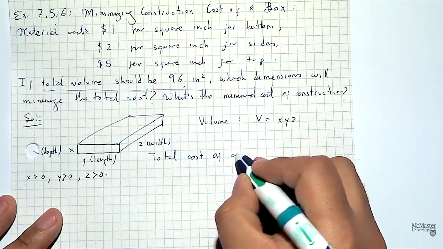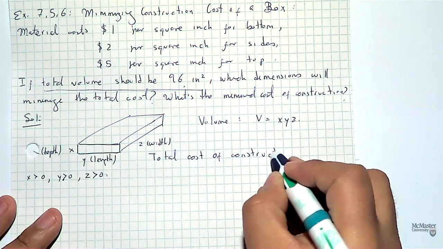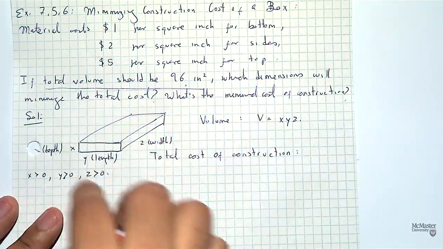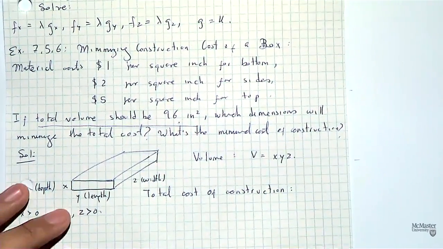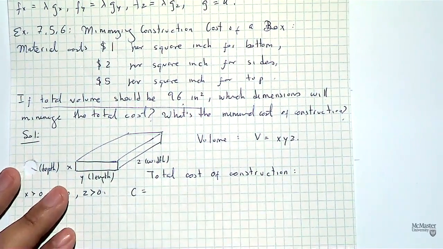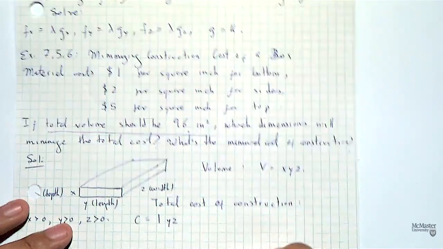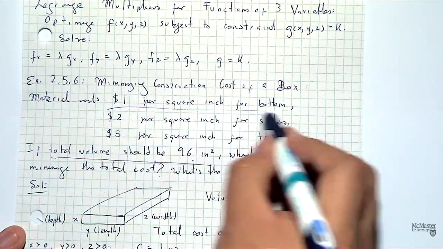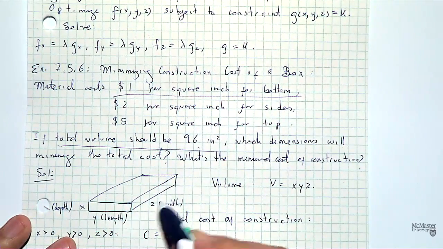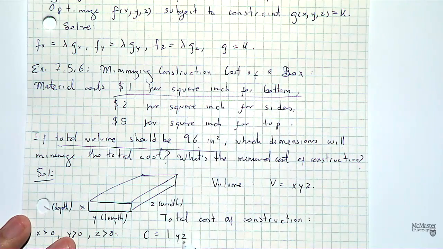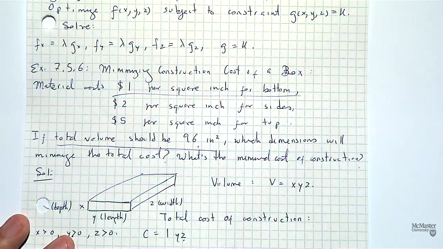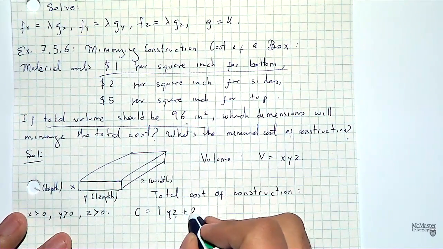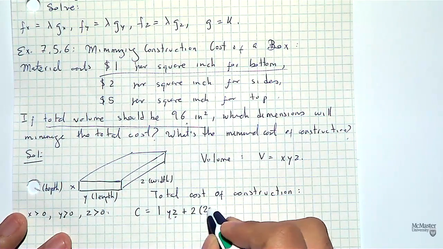So the total cost of construction will be basically the sum of the parts, right, multiplied by the price. So we'll write the parts. If you look at yz, that's basically related to the bottom. So one stands for the price, and then this is per square inch. So by the product, you determine the number of square inches that you have. Then let me write this factor, and I will explain why.